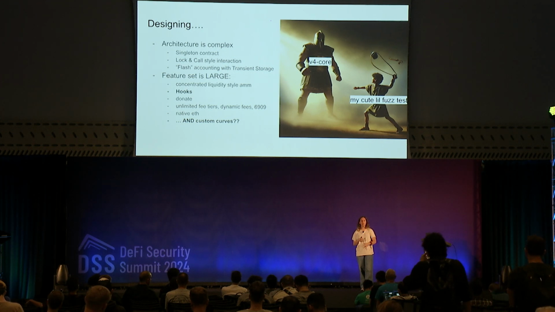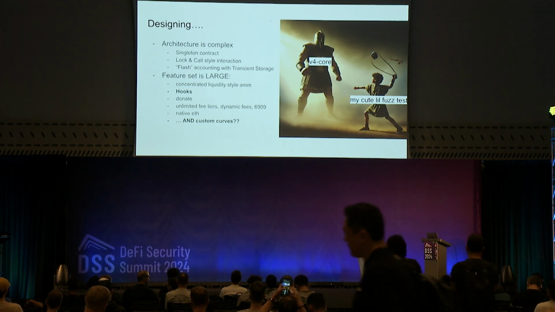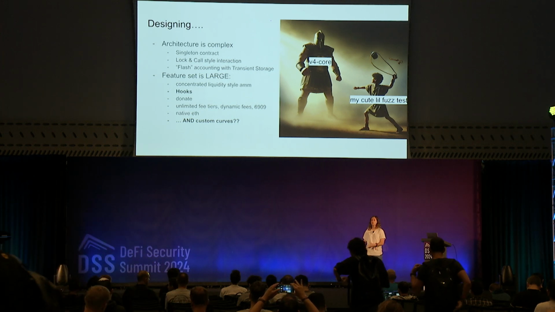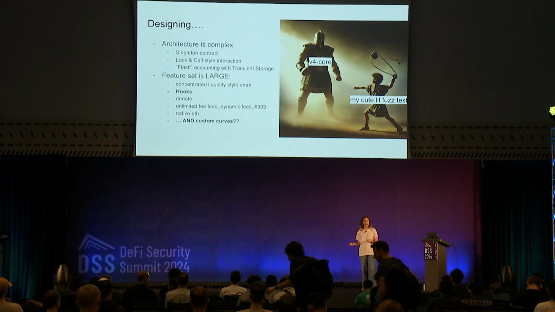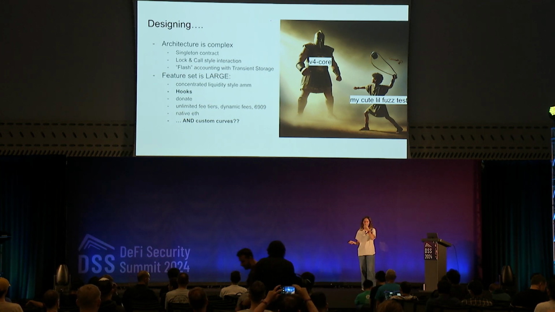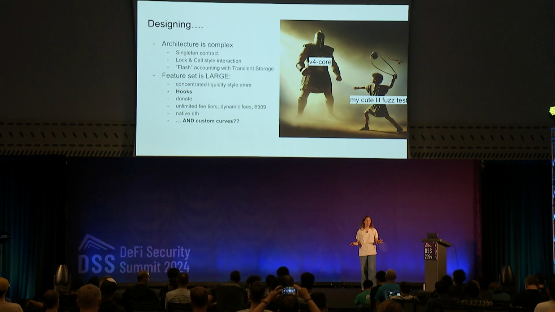And then we also knew we had this flash accounting system. We wanted to use transient storage. There was no transient storage available yet in the EVM. And so there were a lot of moving parts with the architecture, and I'd say it's quite complex, especially if you compare it to v3, where we have the factory model, and each pool is its own contract. Right, in v4, all pool storage is held in one contract. So that was complex.